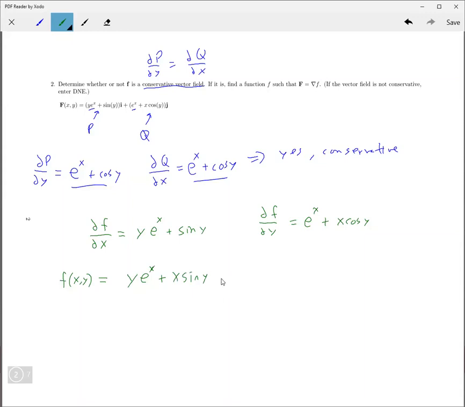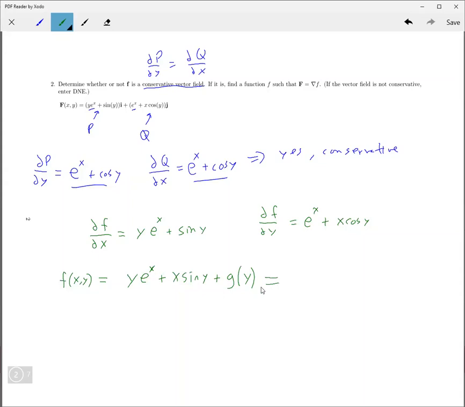Now I'm going to add another function g of y to that, because if there's a whole function that just has y's in it and no x's, then you take the partial with respect to x, it's just going to be 0, it's just going to go away.